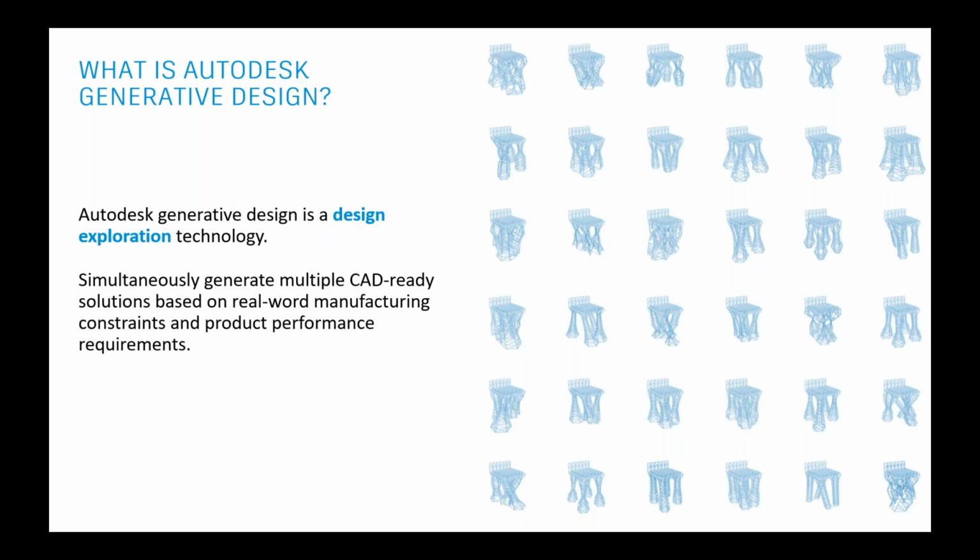What can we use from a manufacturing standpoint as far as the production capabilities? Is it going to be 3D printed? Is it going to be something that is CNC machined, etc.? So these are inputs that you give the program. And then also there are product performance requirements.